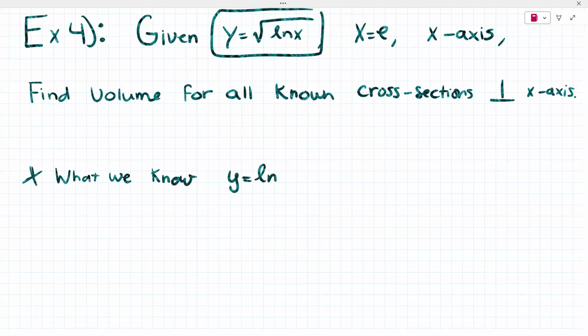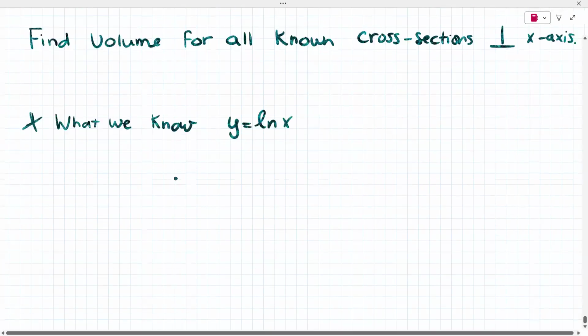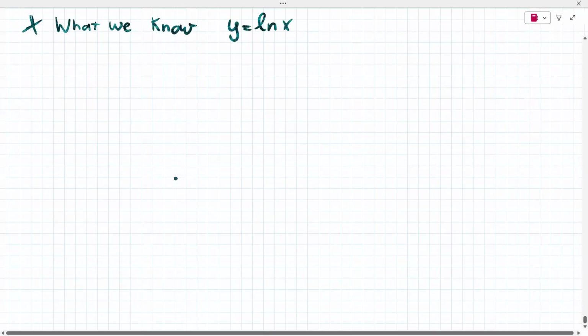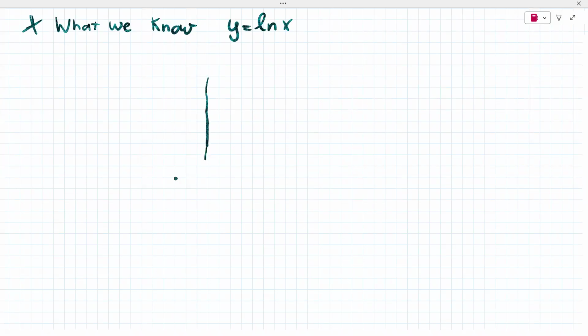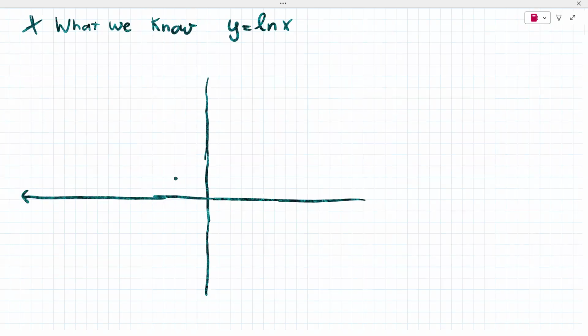Y equals ln of x. We know that, right? That would look like this. It has an x-intercept of (1, 0), and it would look like this.